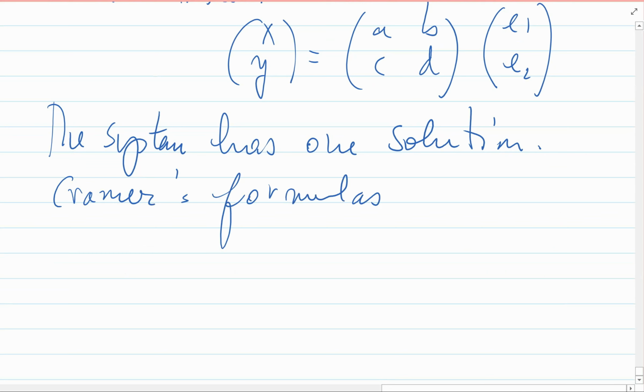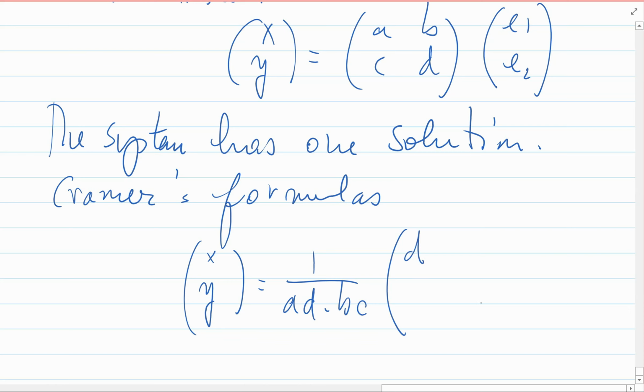because we know the inverse is just 1 over AD minus BC times [D, minus B; minus C, A] times [E1; E2]. Okay?